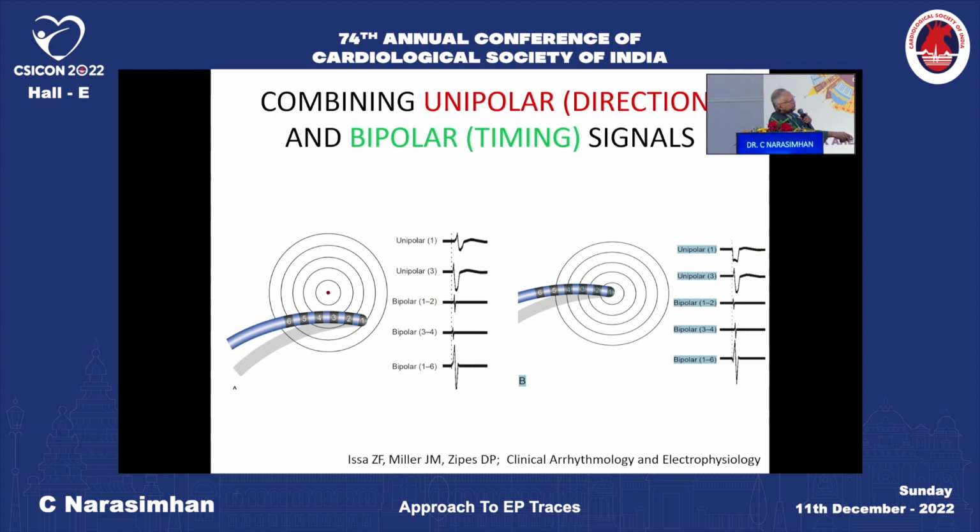But you want to fine tune and understand which is the smallest electrode which records the electrical activation early. For example, unipolar 1 is late, unipolar 3 is late. As you come down, between 3 and 4 is very early activation. Am I clear? So then from here I know that it is somewhere here.